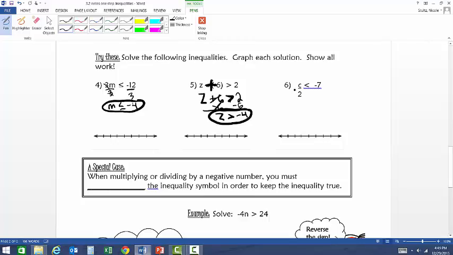So we're going to undo that by multiplying by 2. And then these 2's just become 1's. And so we'll go graph our answers.